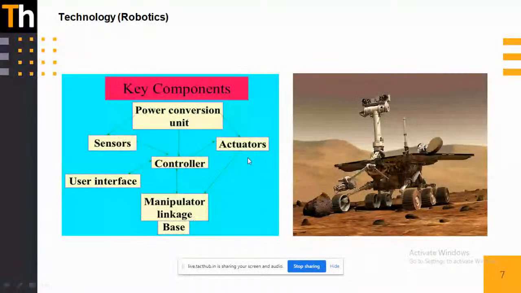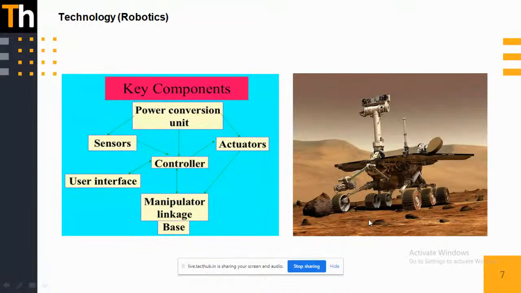Mostly these are mechanical parts and actuators. If you see this, it will have mostly different types of solenoids, motors, gears, cameras, and antennas to telecast whatever data they are receiving.